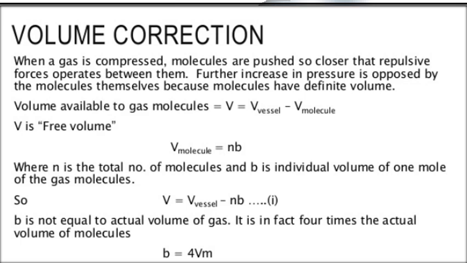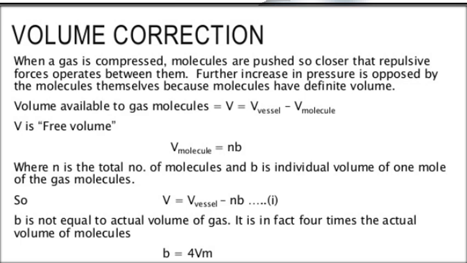So from the whole area of the container, just subtract the volume occupied by these gas particles. The space occupied by the gas particles is not available to them for movement, right?